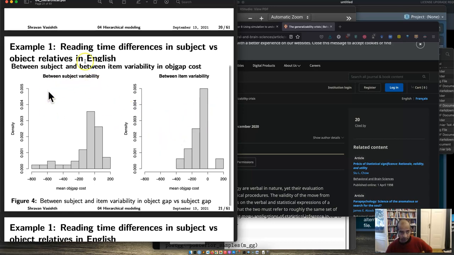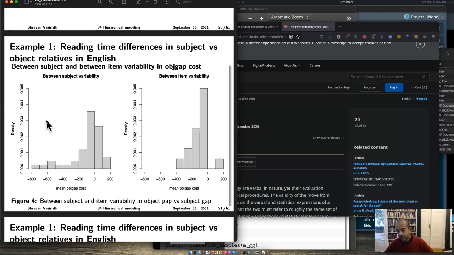So the whole point of the random effects model, or this linear mixed model, is that you're taking a sample of subjects, and you want to use that sample to generalize to the population, right? That generalizability is an important property that we want to aim for in our experiments.